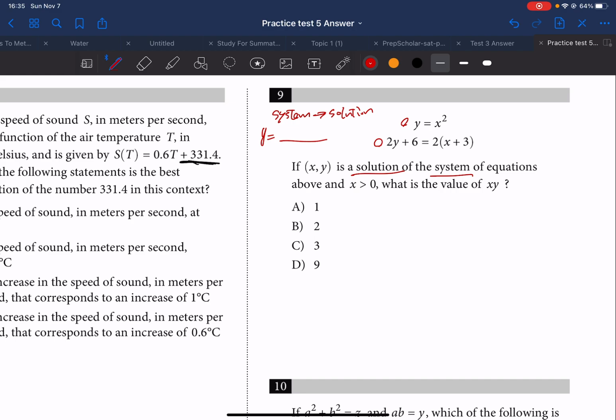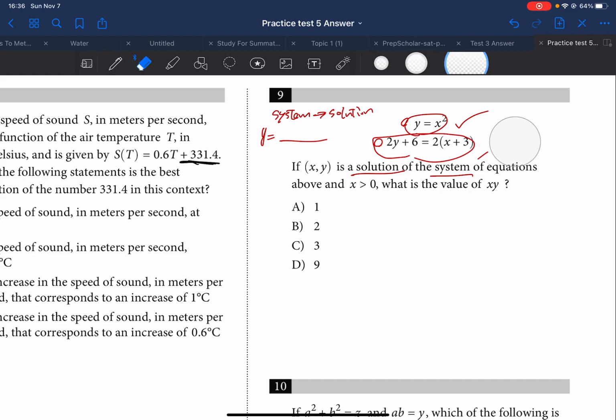In this case, you see y equals x squared, and we have 2y plus 6 equals 2x, and then x plus 3, right? So we have y format right here. That's good, but we don't have a y format on the second one.